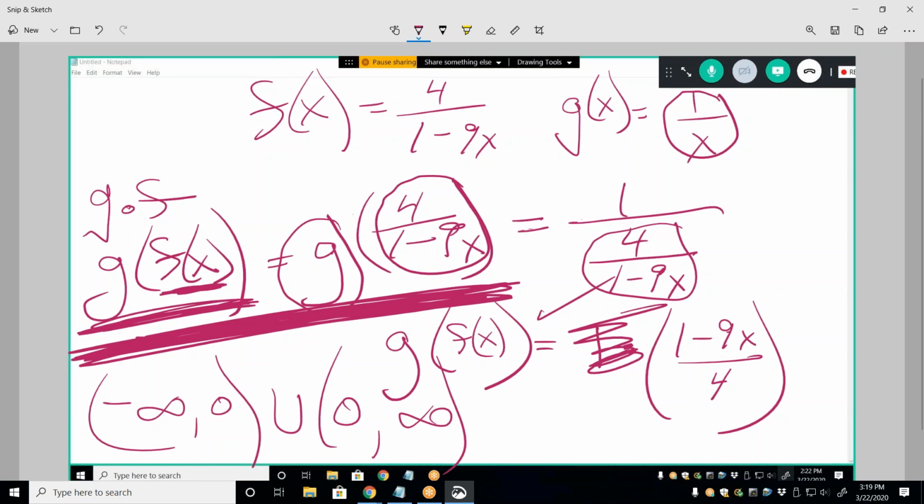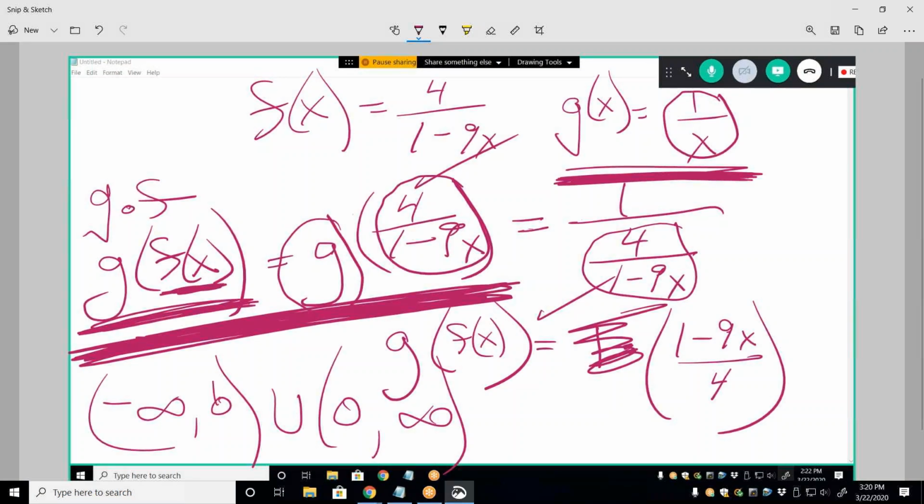Oh, it's not 0. Well, no, it could be, because if we're taking the domain restriction of the g function only, actually, in the last question, the restriction they were allowing was the 0, which was the restriction on the inside. And the restriction on the inside is actually 1/9, not 0.